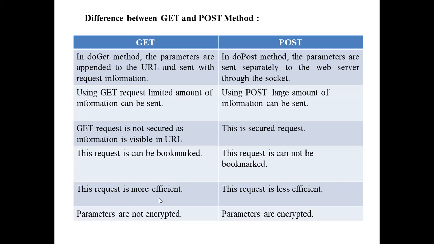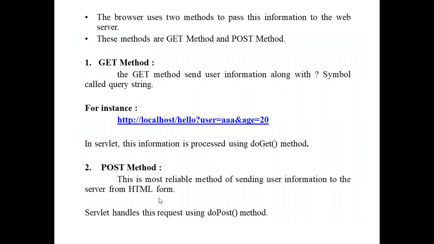Now see the difference between the get and post methods. First, in the doGet method, the parameters are appended to the URL and sent with the request information. Like here, this is the parameter appended to the URL.